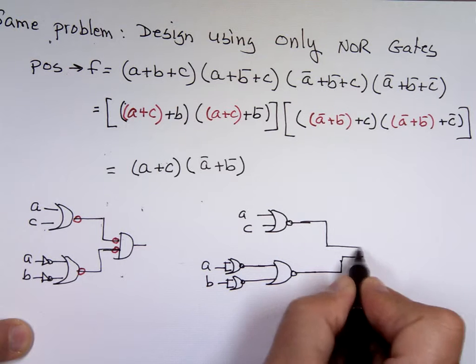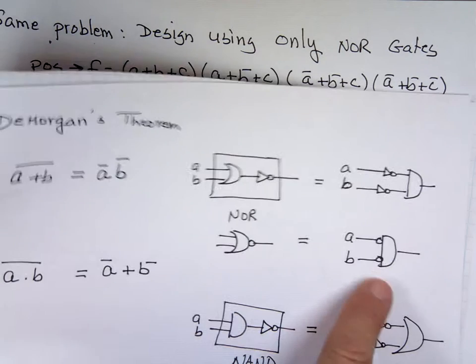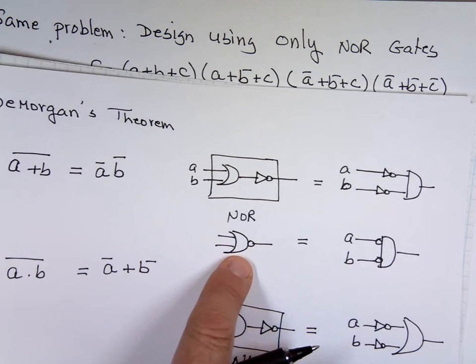Now let's look at DeMorgan's theorem. It says if you have an AND gate with both inputs complemented, that's the same as what? A NOR gate. So this is also a NOR gate.